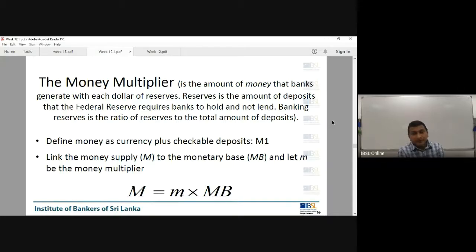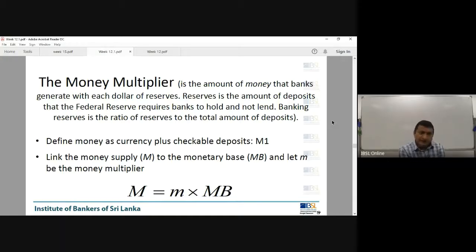Okay. So for easy understanding, you know already, we have defined the monetary base, currency in circulation plus the reserves, C plus R. That's the monetary base, high-powered money in another way of explaining it.